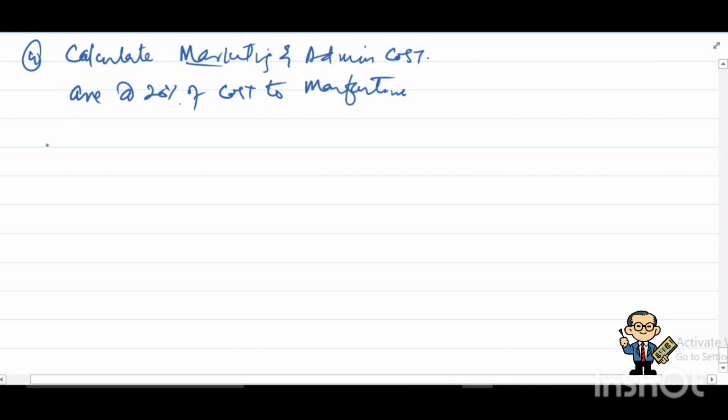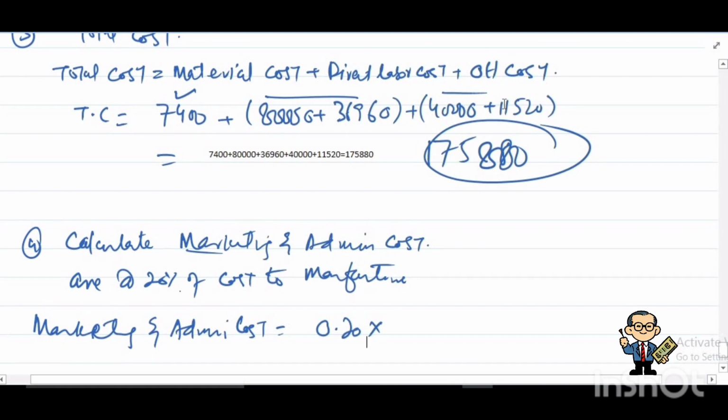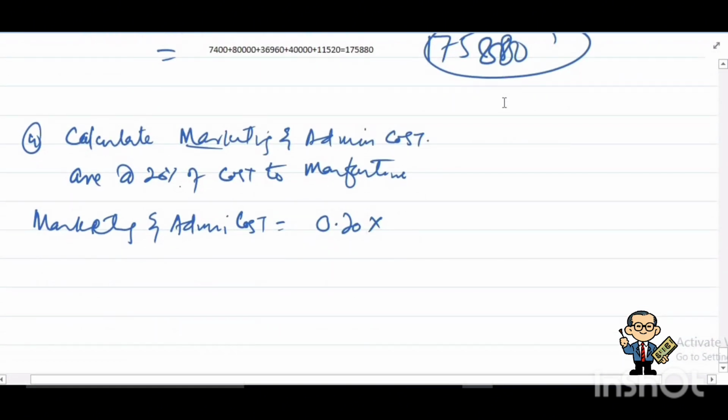So I will write here marketing and admin cost, and that will be 0.20 multiplied with the total cost, that was 175,880.